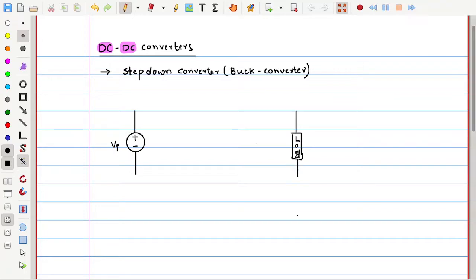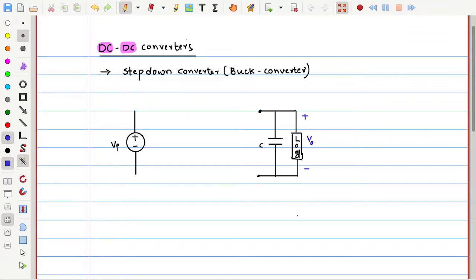Usually across the load we will connect a capacitor to smooth out the output voltage. If there are any variations in the voltage appearing across the load, they will be smoothed out. This combination we see regularly, the load in parallel with the capacitor, and the voltage across this load we will call the output voltage, which is V0.